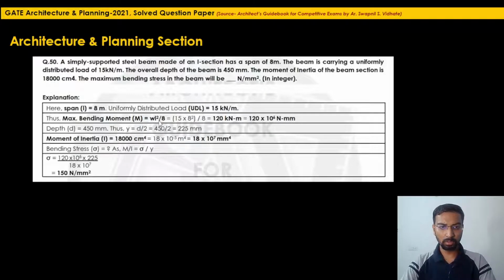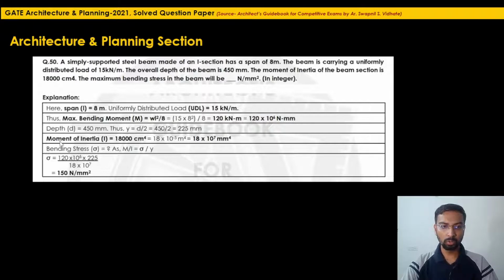So this was just putting the values. If you know what is the formula and you know how to convert the given values into a single unit, then answering this kind of question will be an easy task. So just go through the formulas related with the different loading conditions and different types of beams, and one should understand what is the conversion factor when the unit is mentioned, like here it is kilonewton meter, then how to convert it into Newton mm.